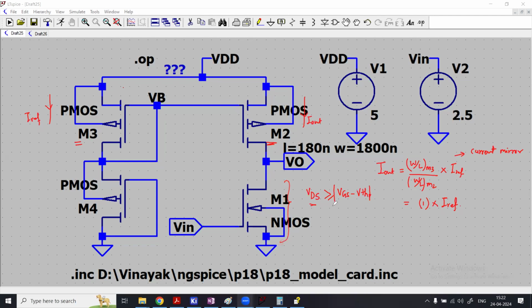This VDS drop has to be greater than VGS, that is the voltage between gate and source here, minus the threshold voltage or turn on voltage of the transistor. So let's say I have 2.5 volts here and VTH is 1 volt, so here the drop is 1.5 volts. This voltage across drain and source has to be greater than or equal to 1.5 volt.